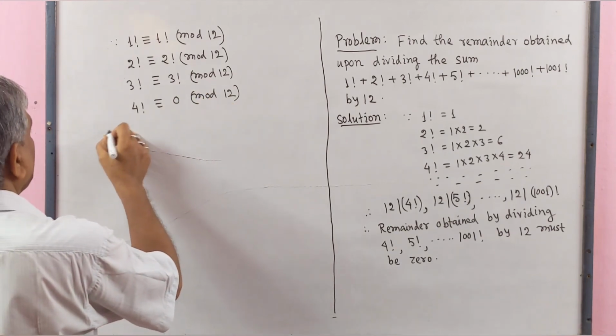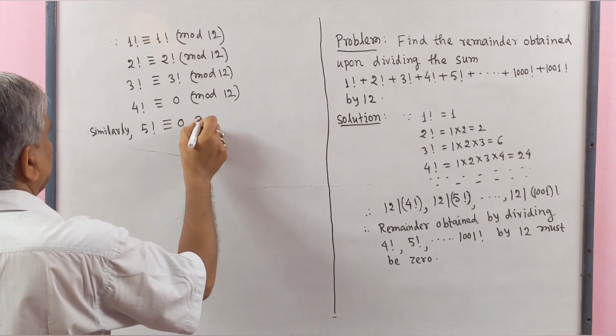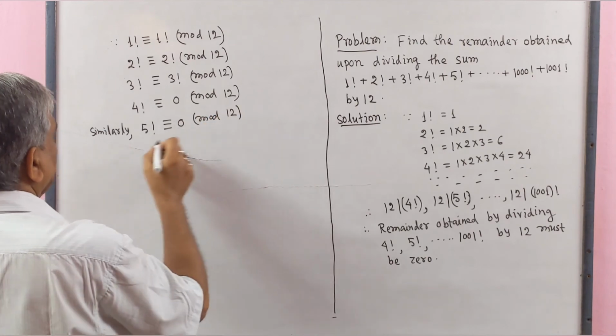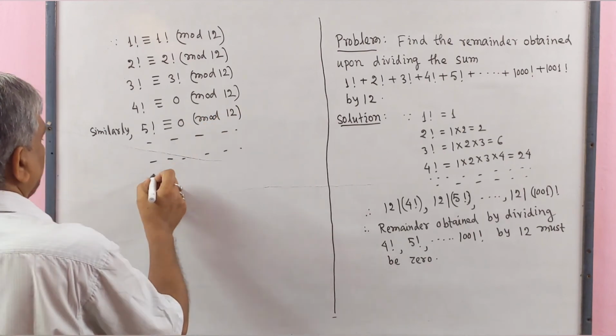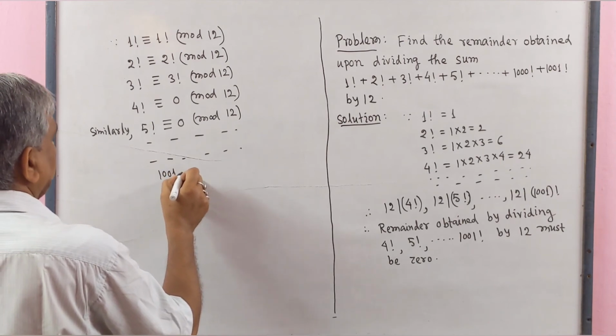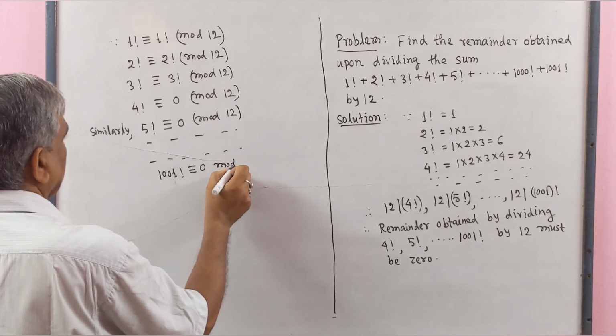Similarly, factorial 5 congruent to 0 modulo 12, and so on, factorial 1001 congruent to 0 modulo 12.